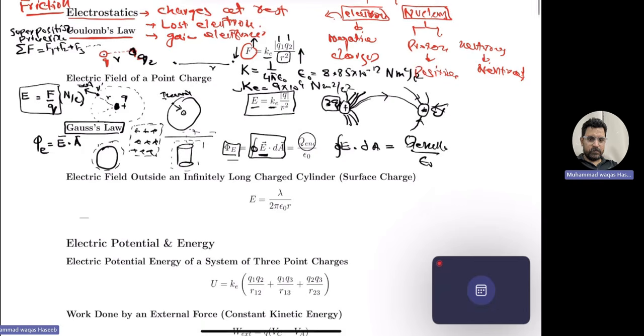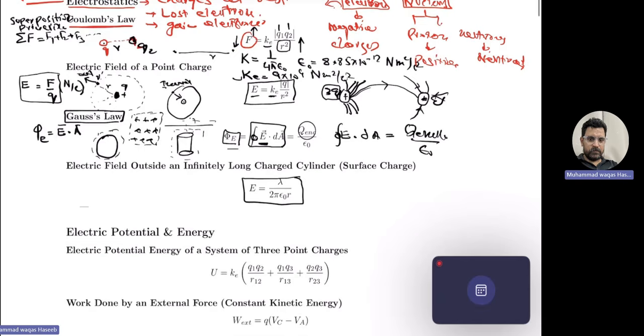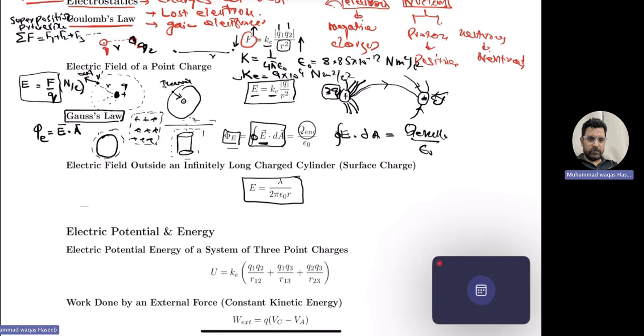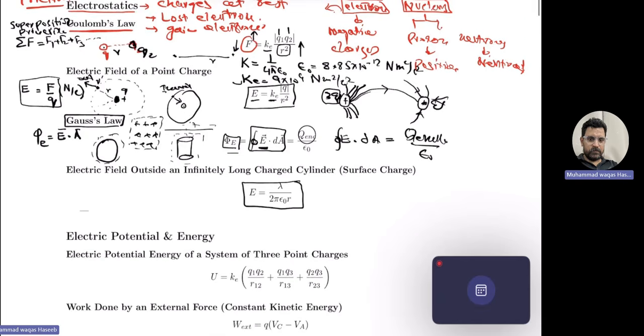And for the case of the charged cylinder, the electric field is described by this expression. Here, phi E is the flux, E is the electric field, and dA is the differential area vector.